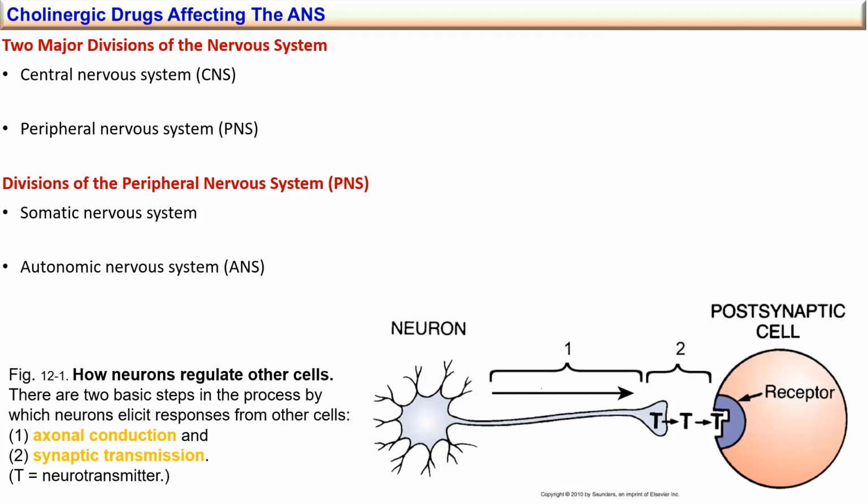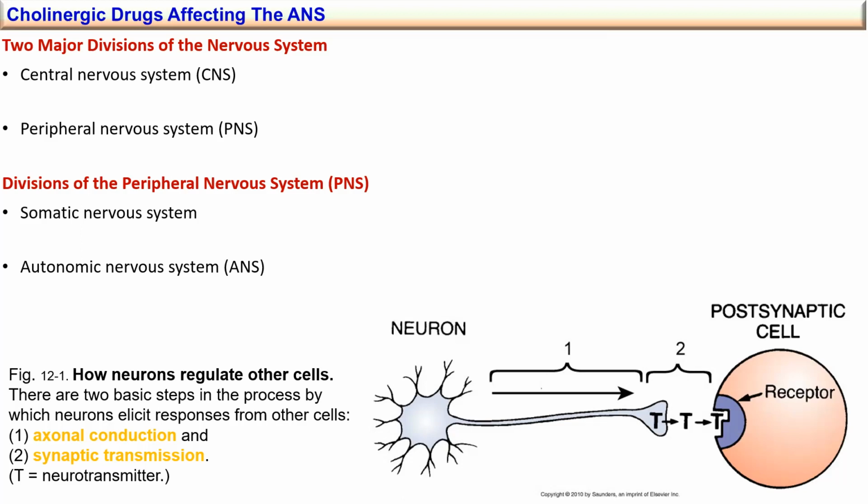Here we also provide more explanation about the structure of the nervous system. The subsequent slides explain the structure and the pathophysiology of the nervous system. The two major divisions are the CNS and the PNS.